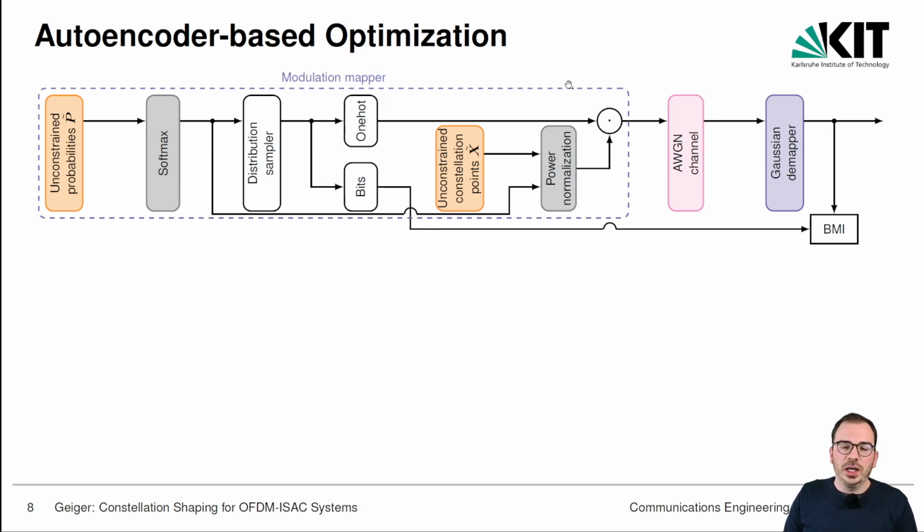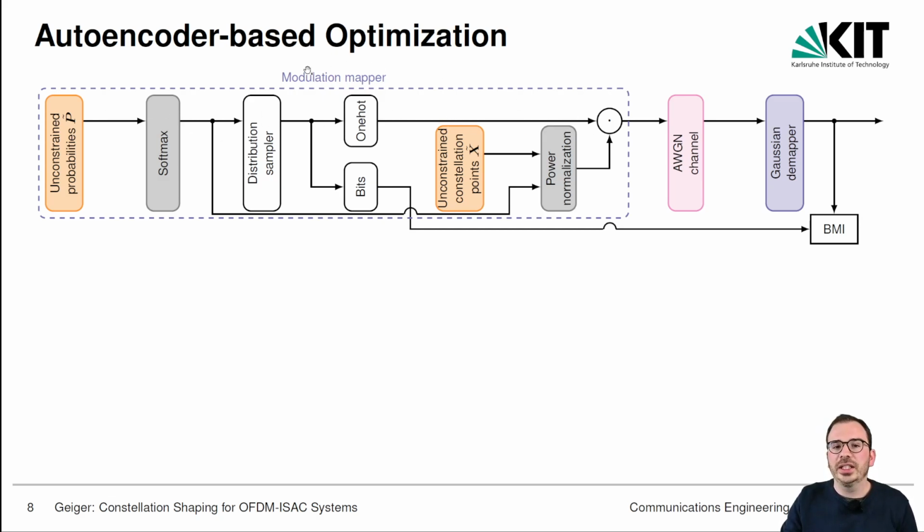Autoencoders are a concept from machine learning, where encoder and decoder, so in our case transmitter and receiver, are both implemented as differentiable blocks. And this allows us to optimize the complete system in an end-to-end manner. In our case, we are able to optimize the constellations numerically.